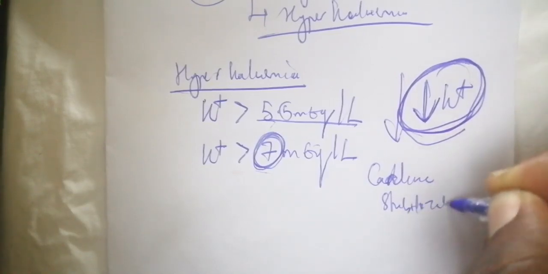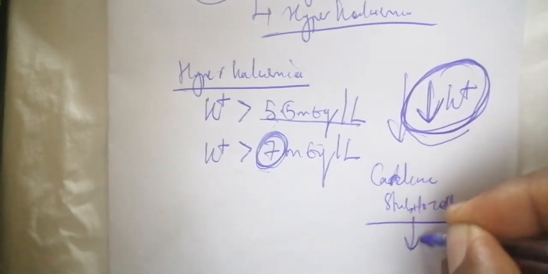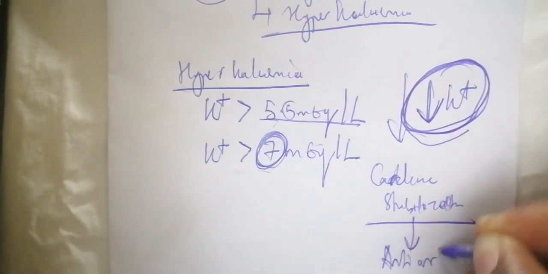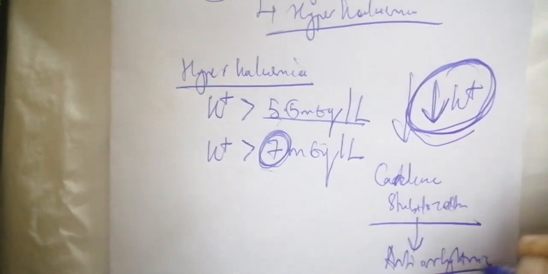Is it clear? Cardiac stabilization by an appropriate antiarrhythmic drug, because the patient is not going to die of the high potassium ion level. No, the patient is going to die of that cardiac arrhythmia resulting in cardiac arrest. That is what's going to kill that patient first.